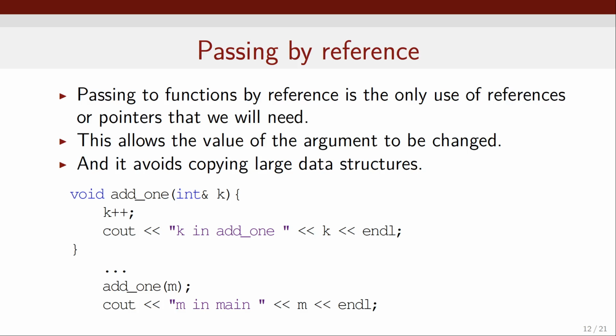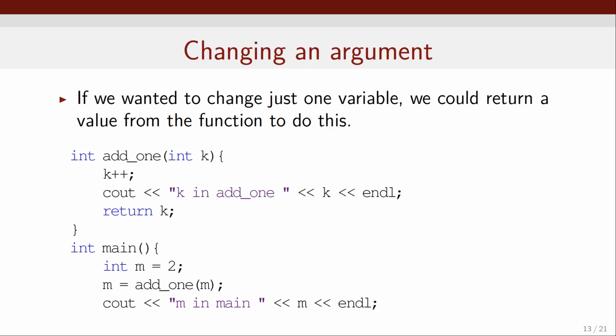Okay, so passing to functions by reference is essentially the only use of references or pointers that we will need in this course. This will allow the value of the arguments to be changed, and it avoids copying large data structures. Now, let's suppose we want to change just one variable.